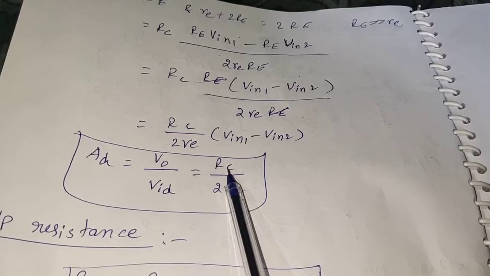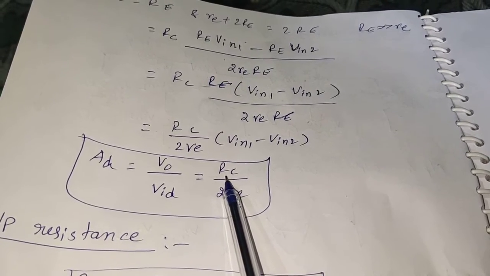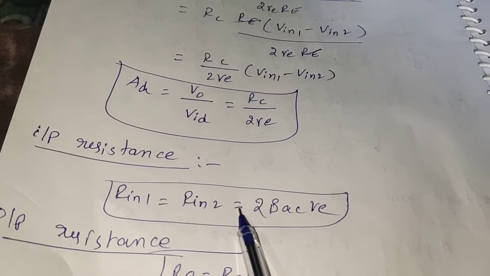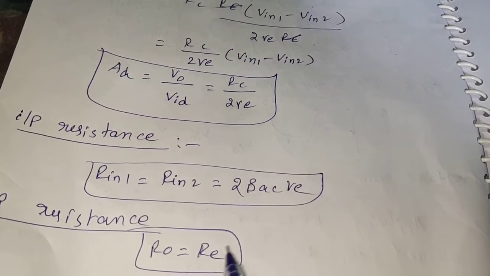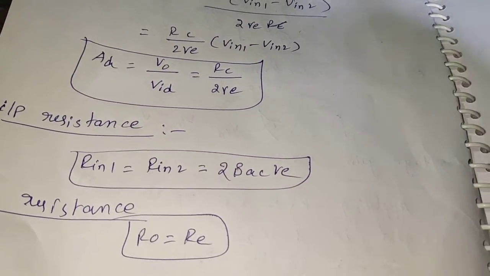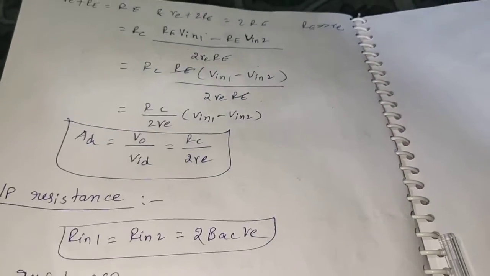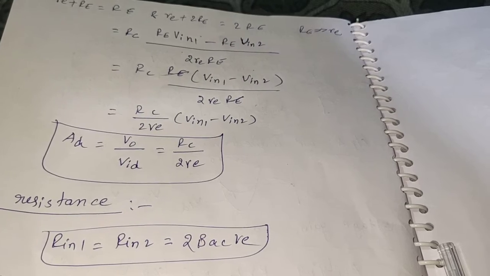We get RC by RE. There we get RC by 2RE here. Input resistance Rin1, Rin2 is equal to 2 beta AC RE, and Ro is equal to RC. This is your dual input unbalanced output differential amplifier.